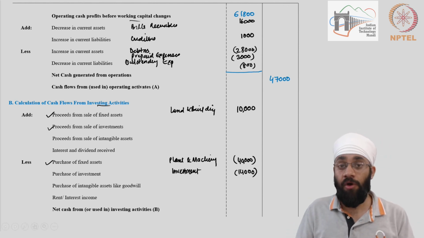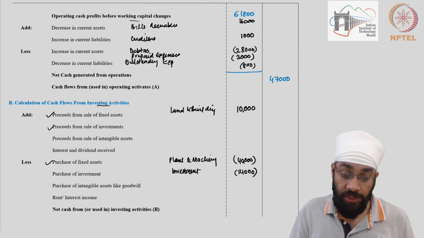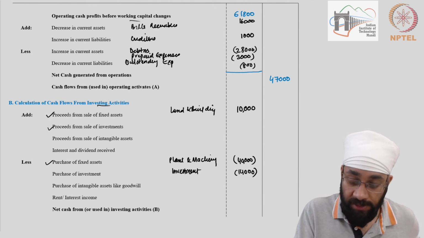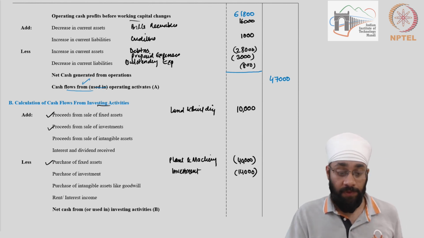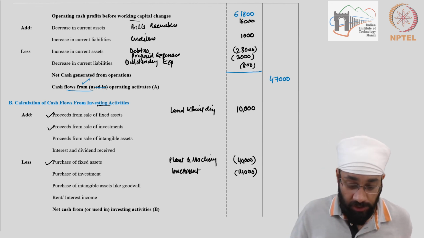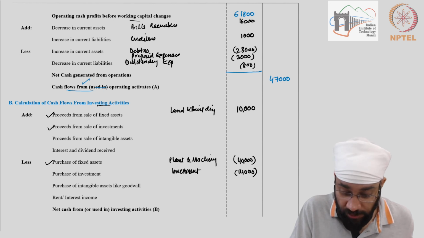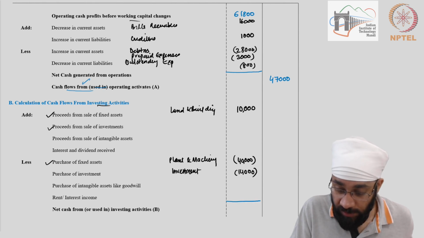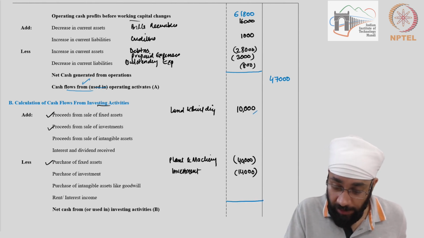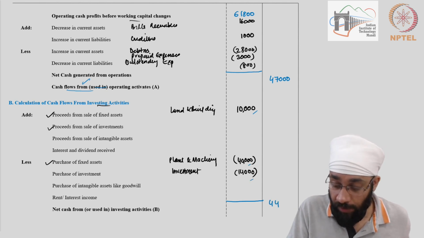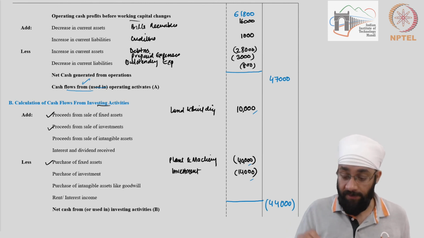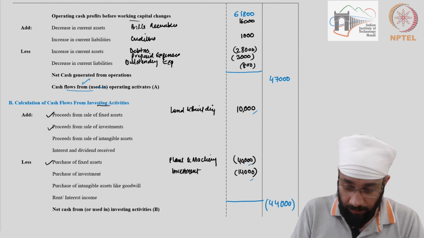This is the result of section A. First section, 47,000 is the cash flows from operating activities. Now we go to the second subsection and we do the math. This should be simpler. So you have 10,000 coming in, but you have 54,000 that are being spent. So 44,000 are being spent on the investing activities of the business.